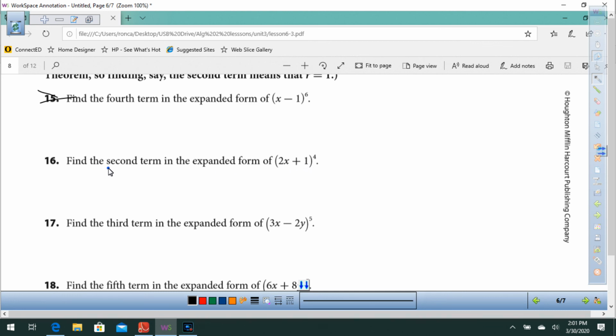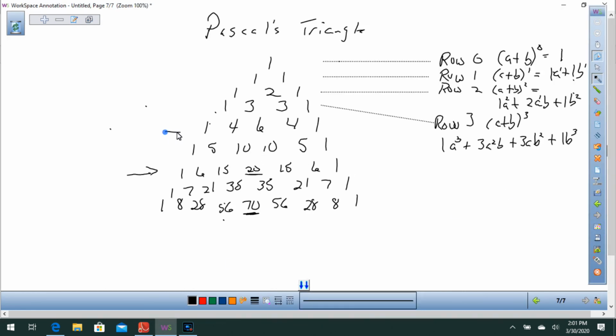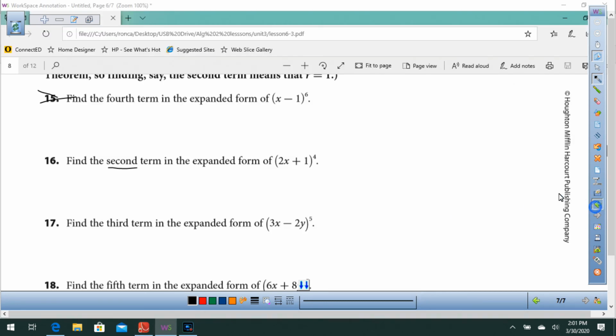So the 2nd term, and that's to the 4th. Let's go over here to the 4th. That's going to be 1, 4. We got 4, and then we got 2x, and then we got 1.